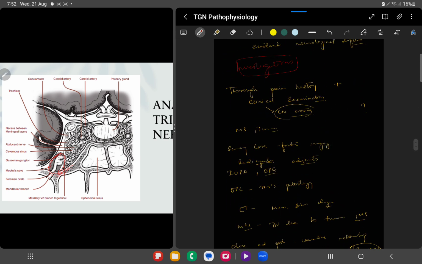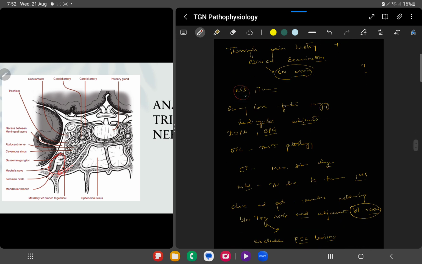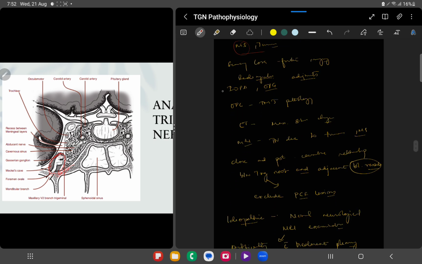Coming to the investigations, a thorough pain history and clinical evaluation should be done. The cranial nerves should be examined to know whether any tumor or multiple sclerosis is giving rise to this disorder. Then we should take help from radiographs like IOPA, OPG.